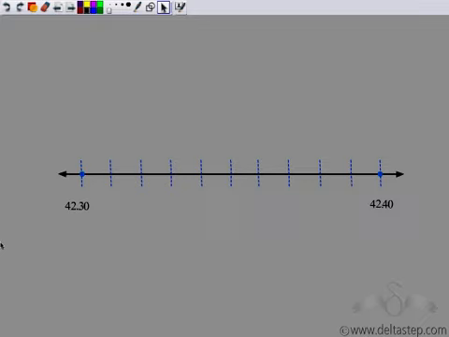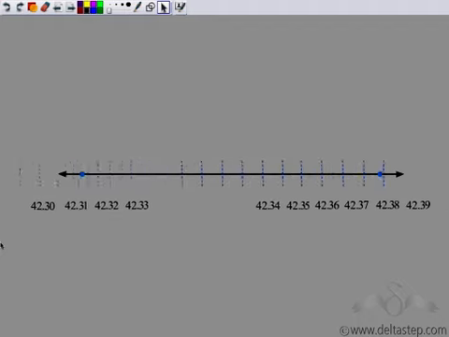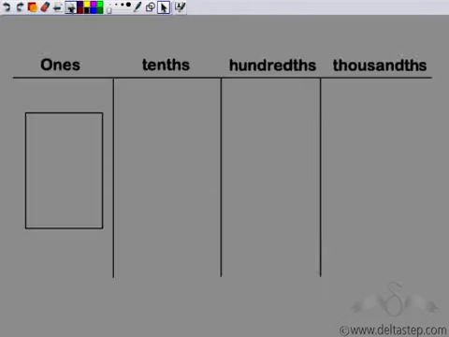Now the numbers between them can also be represented by adding just one more decimal place, that is 42.31, 42.32, 42.33 and so on. Further, between these two numbers also, I can find a number by dividing it into 10 equal parts. So dividing a hundredth into 10 equal parts gives me thousandths. I get 3 digits after the decimal. Similarly, numbers between them can be represented by 3 digits after the decimal, which we call thousandths.